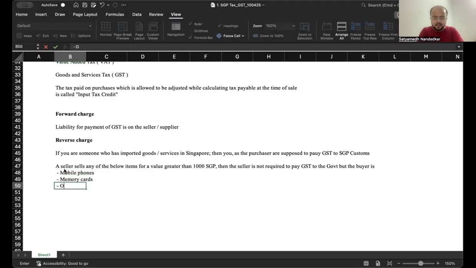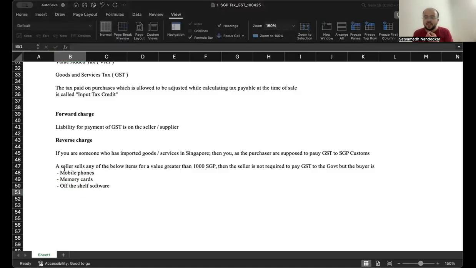This way, say for example, for someone buying mobile phones or off-the-shelf software, the government keeps a detailed record of these kinds of transactions. Now, you have to understand that these are exceptional or rare cases. This can be asked to you in the form of a multiple choice question.